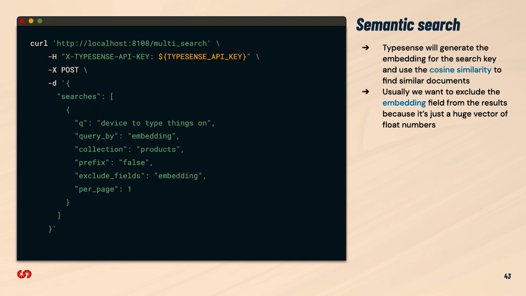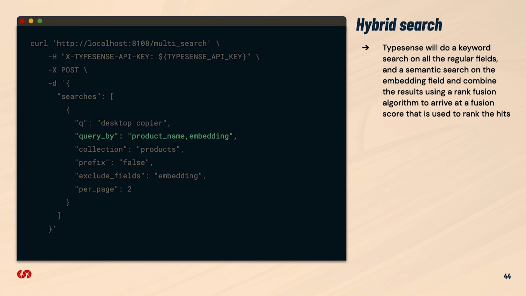In this case, Typesense is able to return documents that are similar to your search query. Of course, you can also enable hybrid search, so looking for a real keyword field first, and then a semantic field.